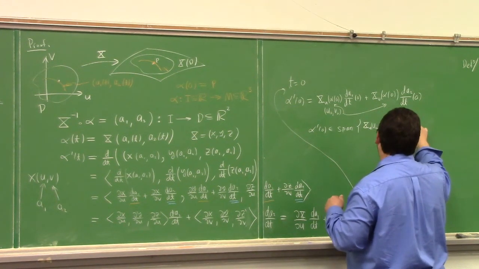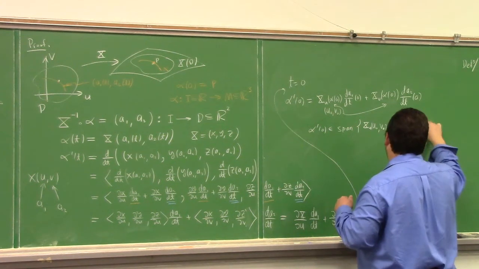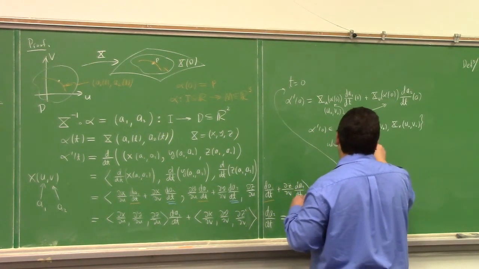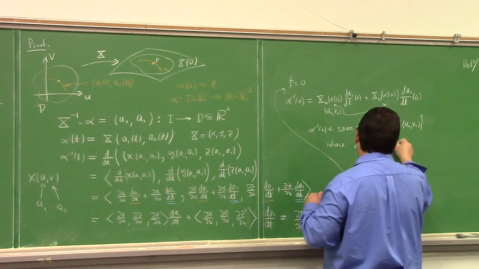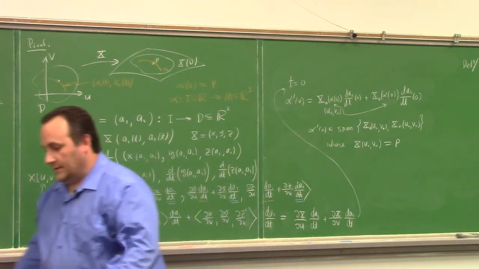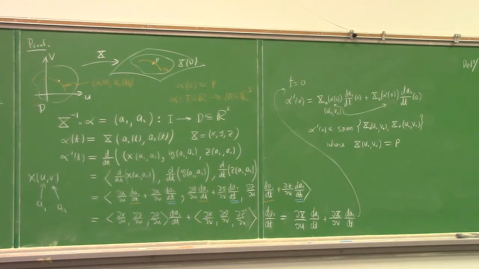And what is this U naught V naught? Where X of U naught V naught is equal to that point P, whatever that point P was.